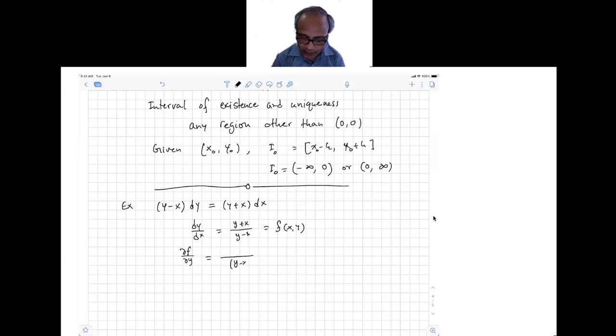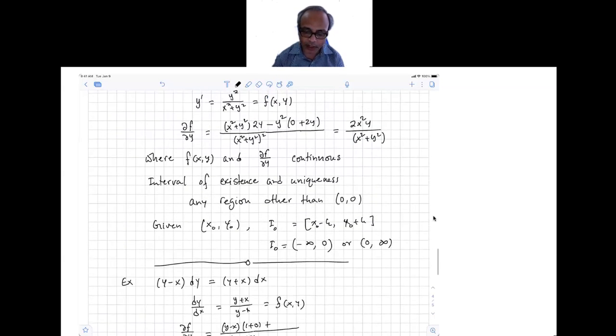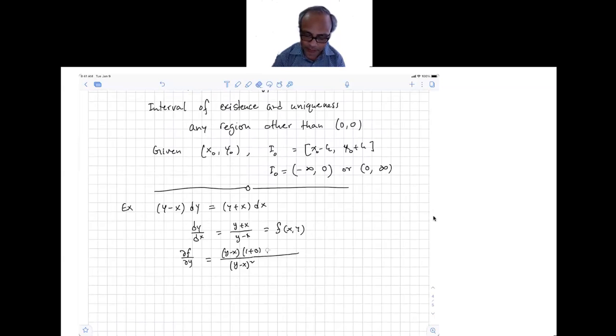You have (y minus x) square in the denominator, and in the numerator the bottom function y minus x times the derivative of the top function with respect to y, which is 1 plus 0, since the derivative of x with respect to y is treated as a partial derivative and is 0, minus the top function y plus x times the derivative of the bottom function, 1 minus 0.